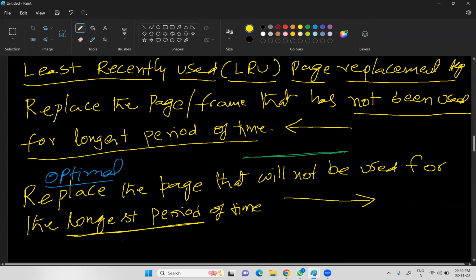Optimal is always looking forward, while here the frame that has not been used for the longest period of time will be replaced. There is a small difference between these two statements.